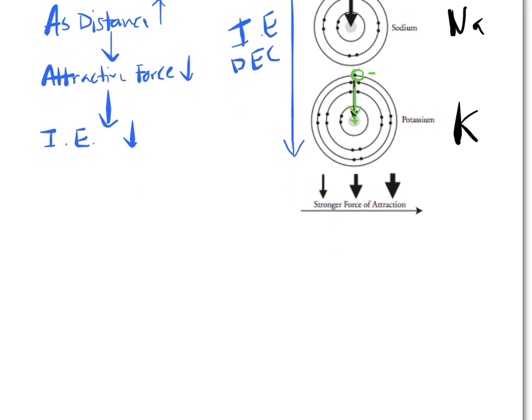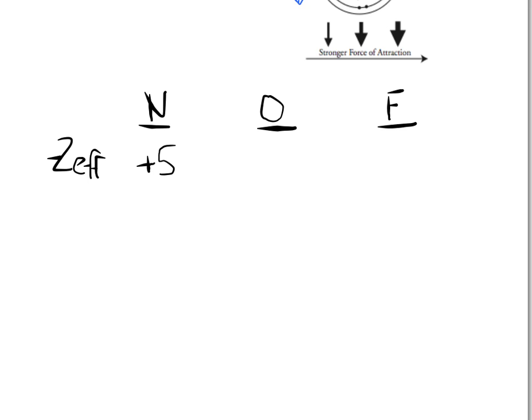But how about when we go across a period from left to right? Well, this is where we have to bring back our idea of effective nuclear charge. If we wanted to calculate the effective nuclear charge for these three atoms, for the charge that a valence electron in each one of these atoms feels, the effective nuclear charge for a valence electron of nitrogen is +5, for oxygen is +6, and for fluorine it's +7.